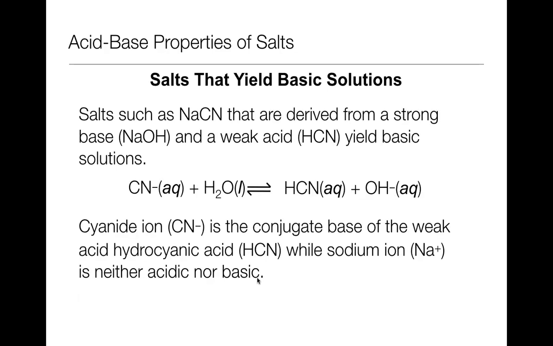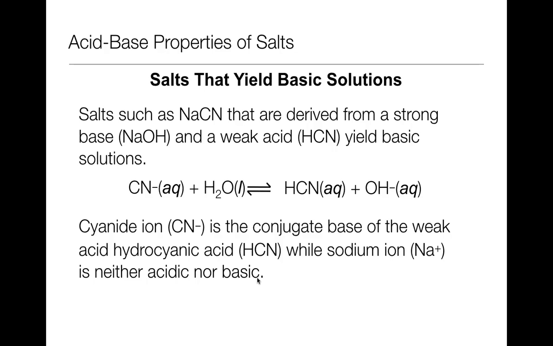So what happens when you dissolve something that has a weak acid with a strong base cation? If you have a salt like sodium cyanide, when this dissociates, you have the strong Na+, which was associated with sodium hydroxide. Again, it does not have any real affinity for the hydroxide in the solution, and has no effect on that hydroxide-hydronium balance.